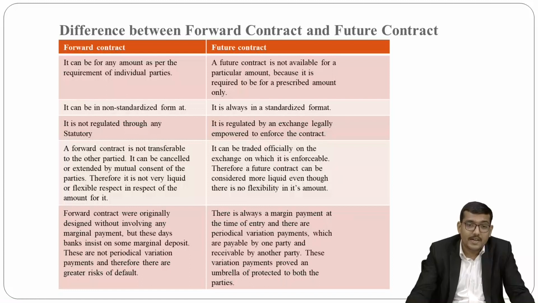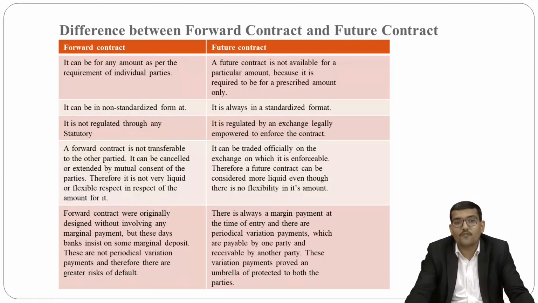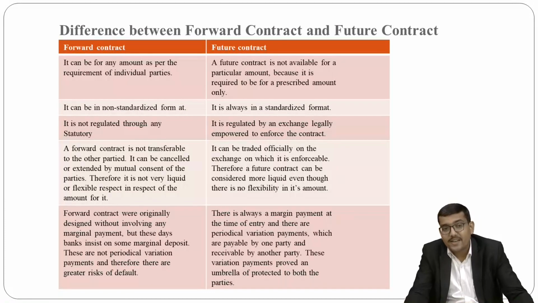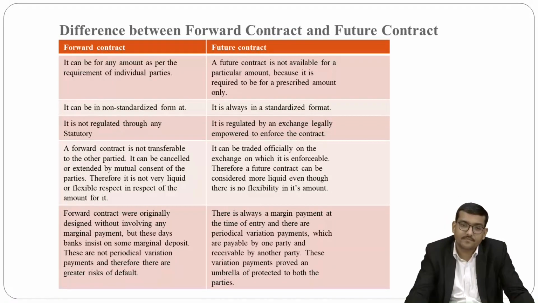Therefore, it is not very liquid or flexible in respect of the amount, while the future contract can be traded officially on the exchange, where it is enforceable in nature. Therefore, the future contract can be considered more liquid even though there is no flexibility in its amount.